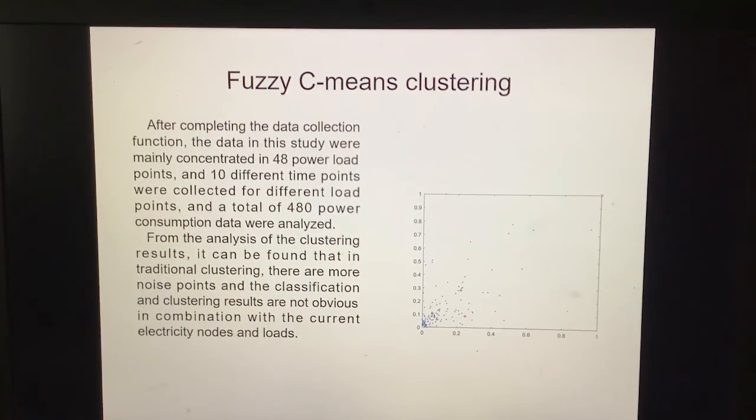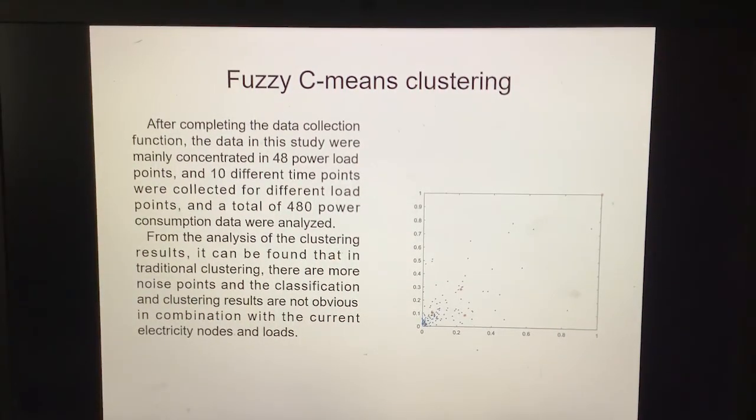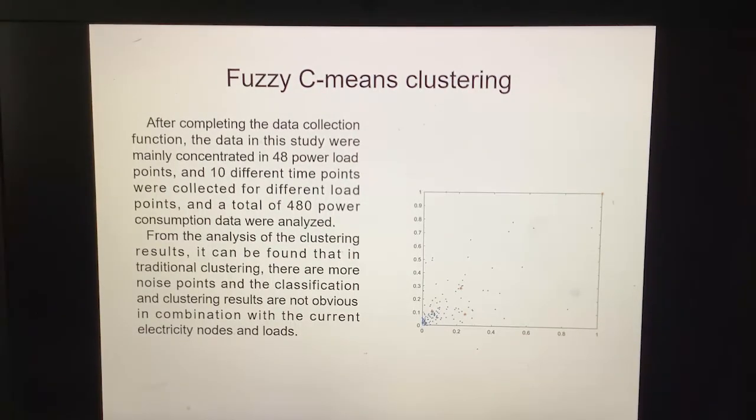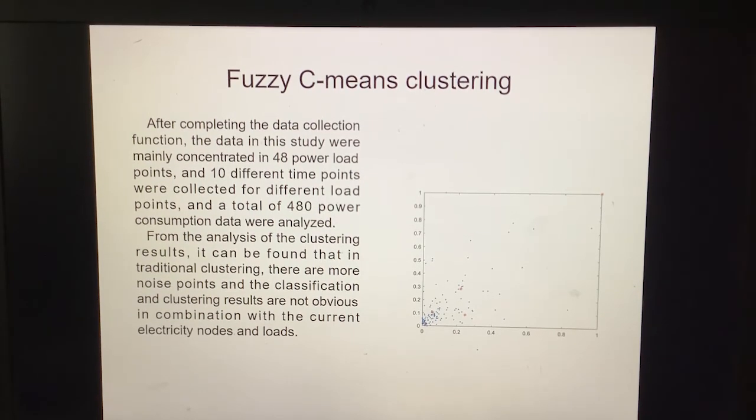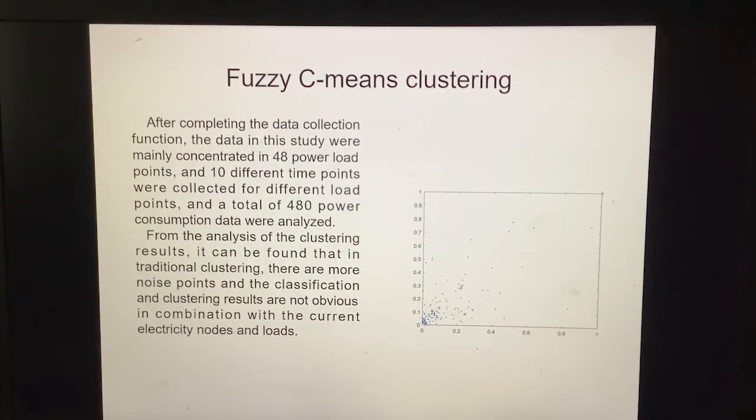From the analysis of the clustering results, it can be found that in traditional clustering, there are more noise points, and the classification and clustering results are not obvious in combination with the current electricity nodes and loads.